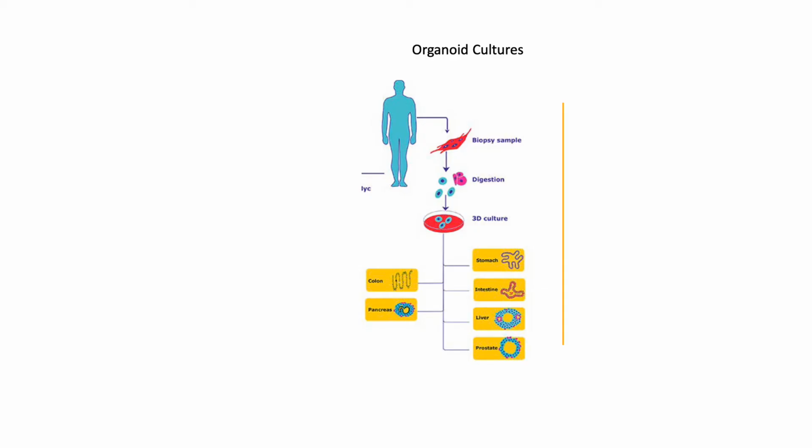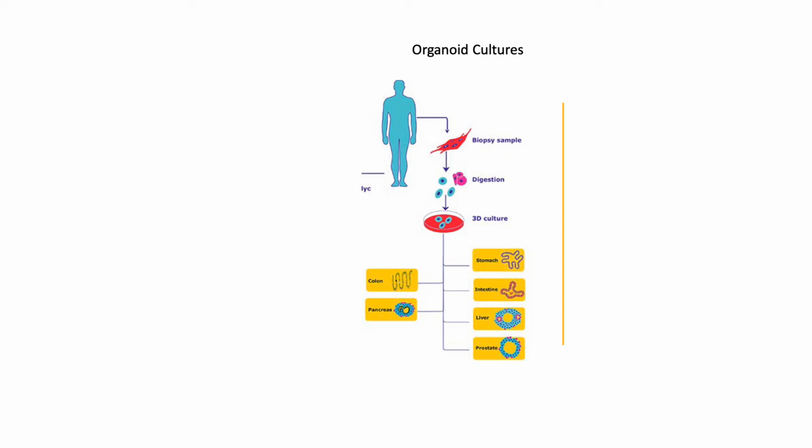So here you have the development of organoid cultures. It's very simply showing you they take a biopsy, they break the cells up, like I mentioned with the digestion, they put them into culture, but the culture is different. It's called a 3D culture. The cells, rather than sitting on the bottom of the dish, are sitting in a gel-like medium.